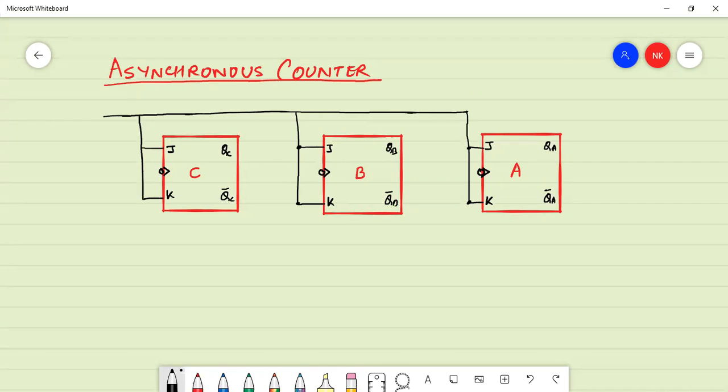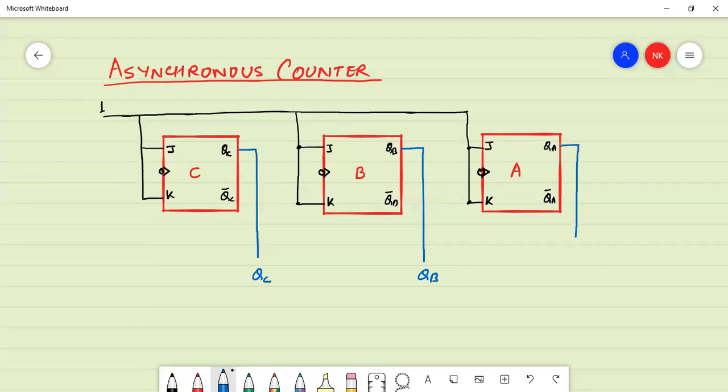So here the input is 1 for all the flip flops, and we have some outputs. Let us take the outputs here: here we have QC, here we have QB, and here we have QA.